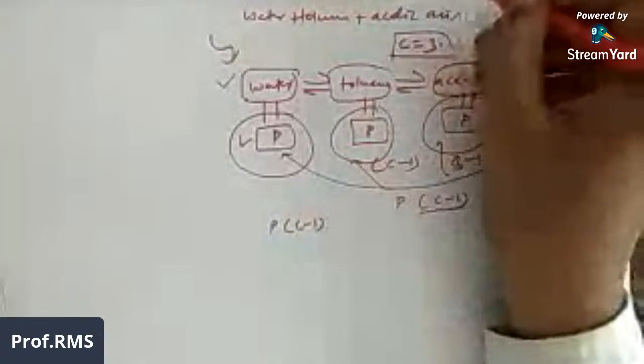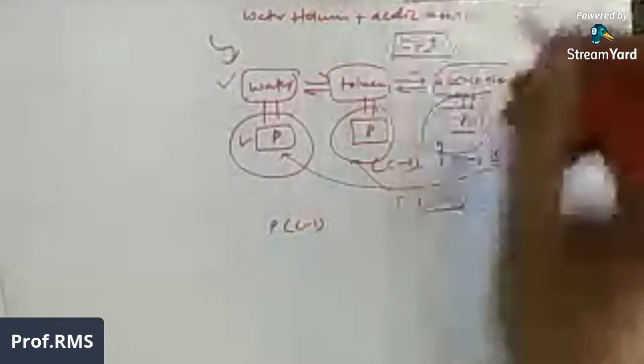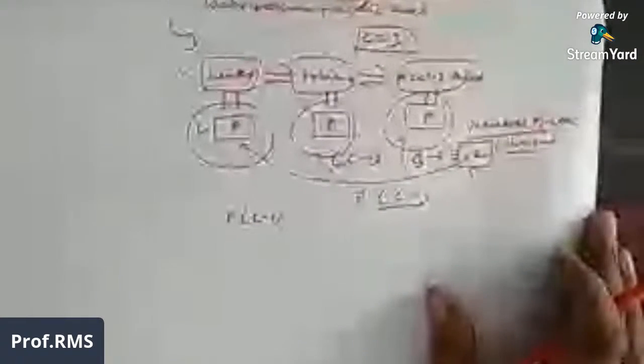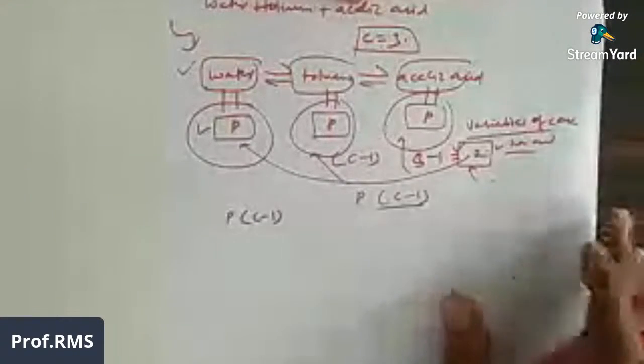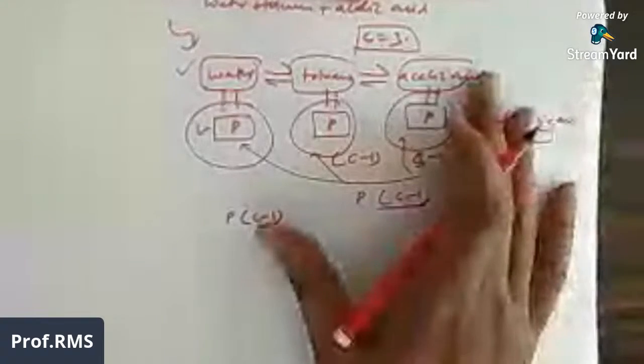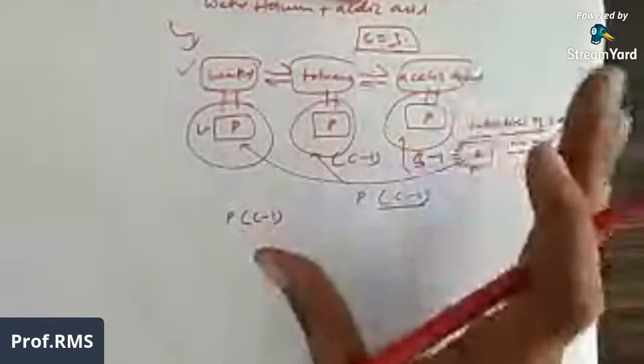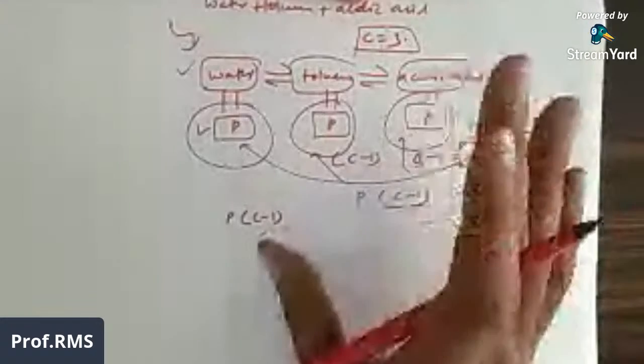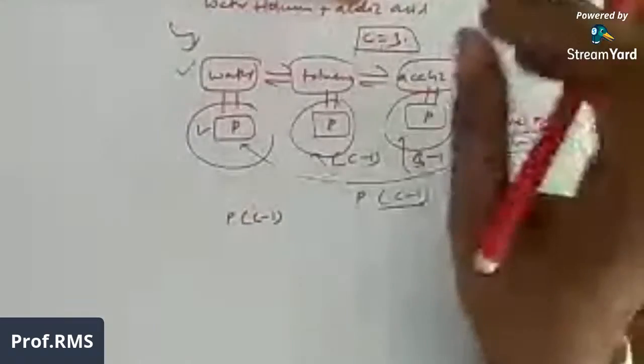Concentration, temperature and pressure. Okay, now remind your last 5 minutes that I have told you that for any system the condition, what are our condition? The condition first was thermal equilibrium condition. For any equilibrium condition, temperature will be same for all phases, for all components and all system.